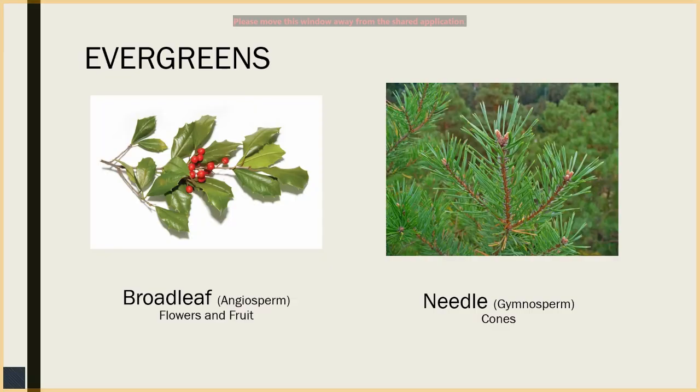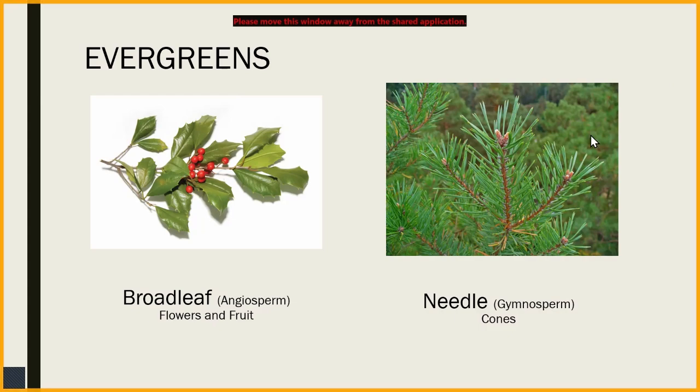They don't really produce true flowers. They produce cones. You can't see it in this picture, it's the wrong time of year, but this will send up a little shoot, and you'll have male flowers that produce the pollen. You'll have females that then produce the cones. So that's a broadleaf or a needled evergreen.